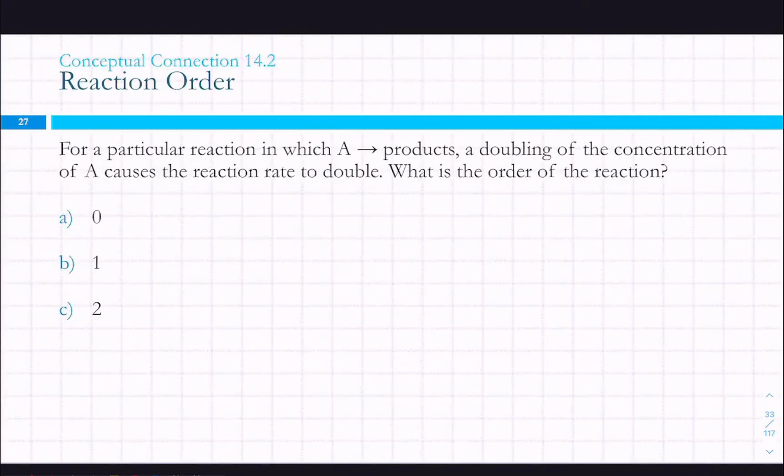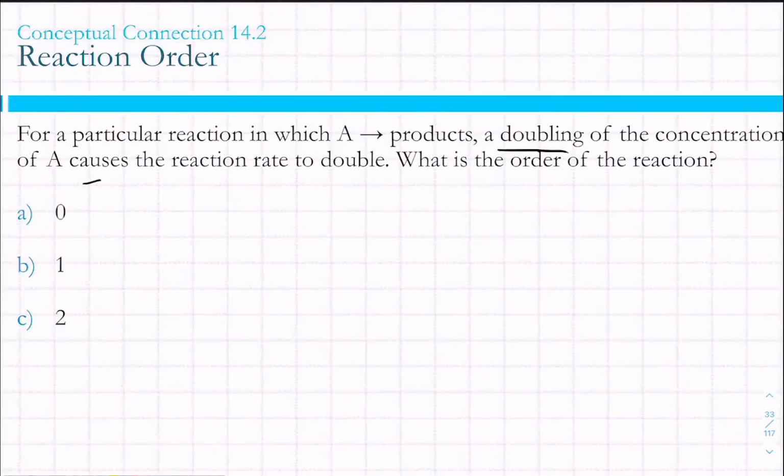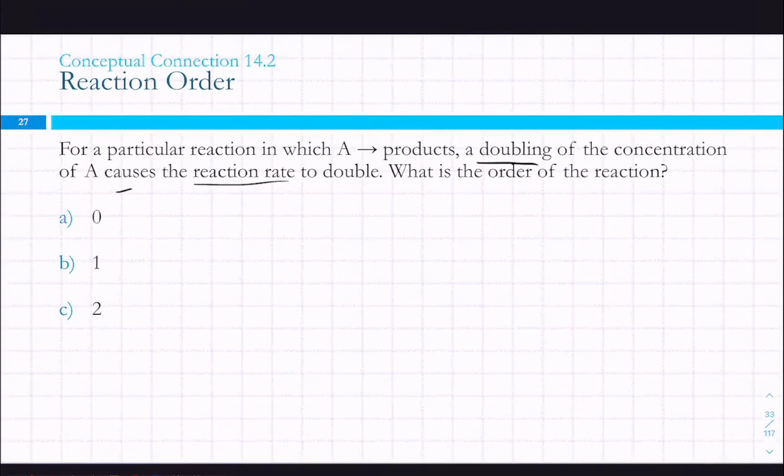So for a particular reaction in which we have one thing, A, one reactant being converted into products, if we do an initial rate reaction and we see that doubling the concentration of A causes the reaction rate to double, what is the order of the reaction? First order.